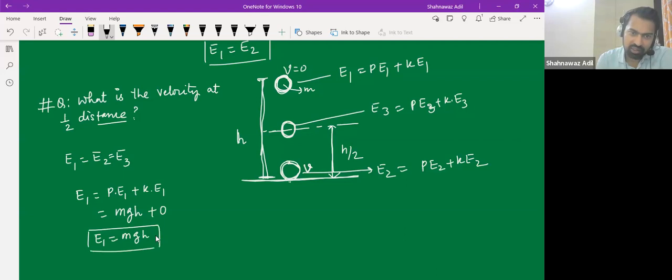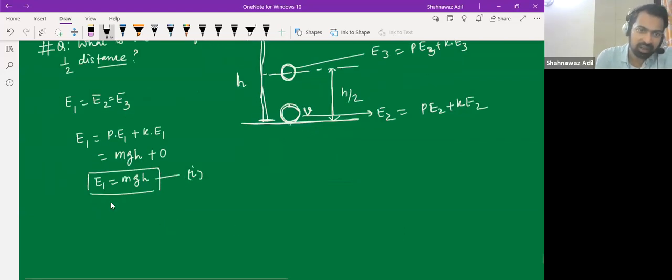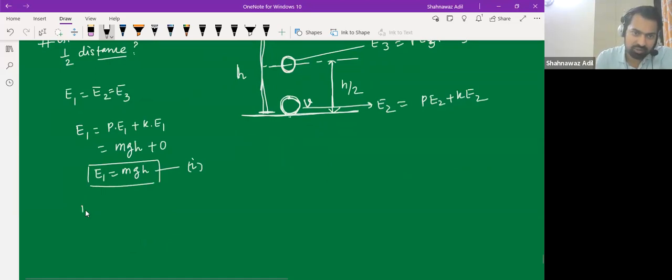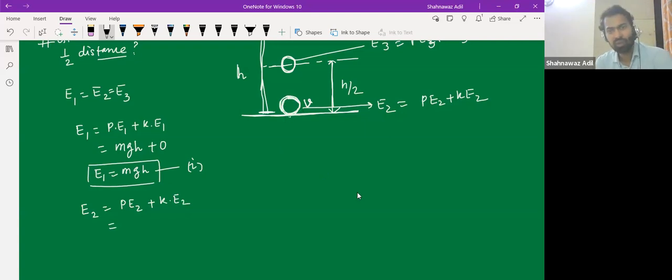Let's say this is 1, and I have E2. This is PE2 plus KE2. What is the potential energy at this point? 0, right?